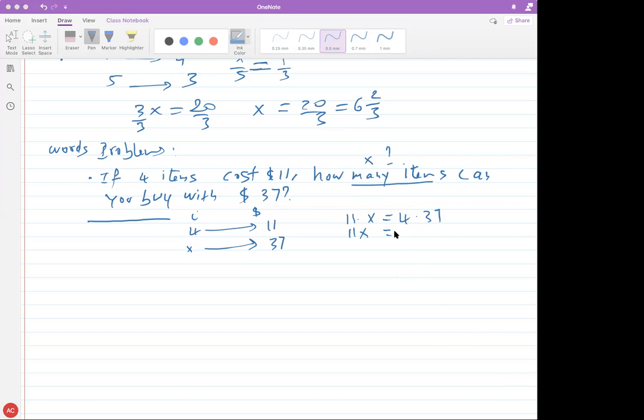That's good. And then, of course, divide by 11. Let's divide that 148 by 11. It's 13.45.